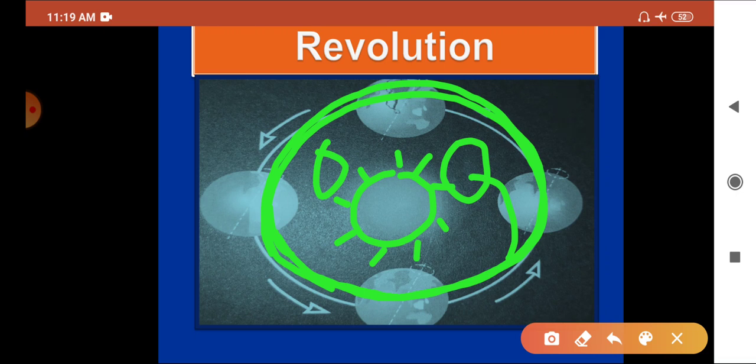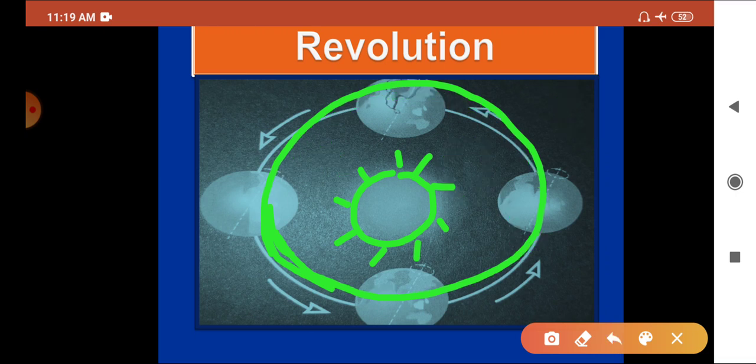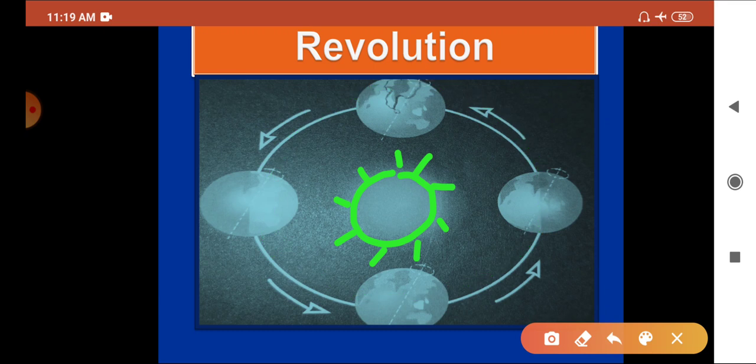Here you can see that this revolution is in different phases, as I was telling you in the previous slide about the axis. In all pictures of the Earth, this center line is called the axis.